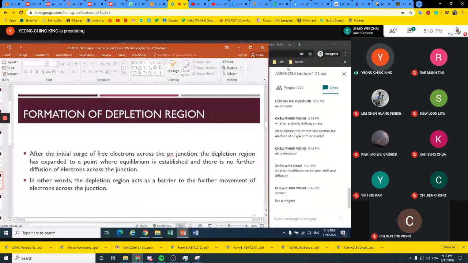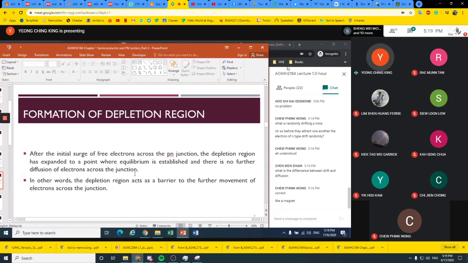After the initial surge of free electrons across the PN junction, the depletion region has expanded to a point where equilibrium is established and there's no further diffusion of electrons across the junction. This occurs as follows. As electrons continue to diffuse across the junction, more and more positive and negative charges are created near the junction as the depletion region is formed.